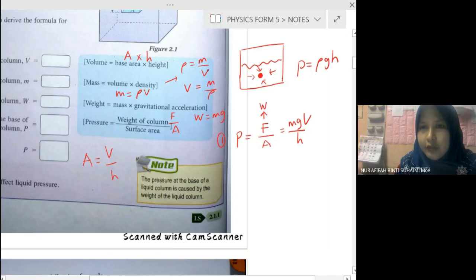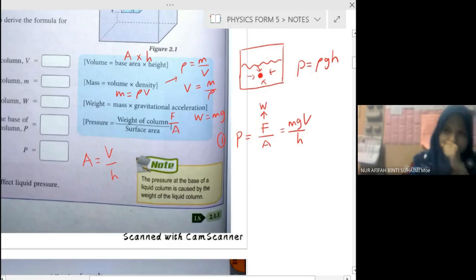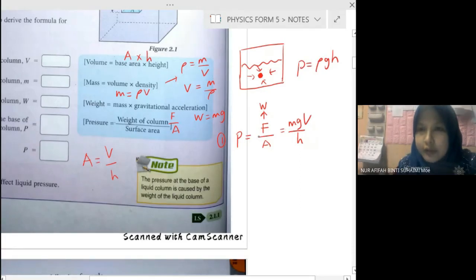So P equal to F over A, F equal to mg, A equal to V over H. Now from density, M equal to rho V.